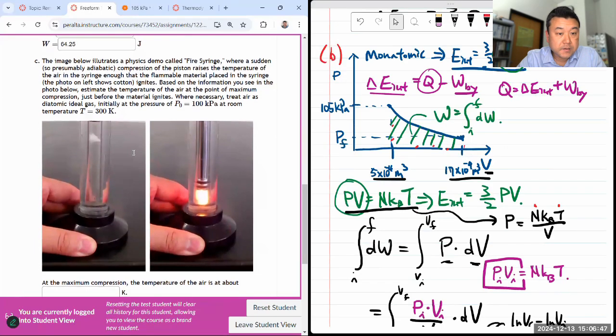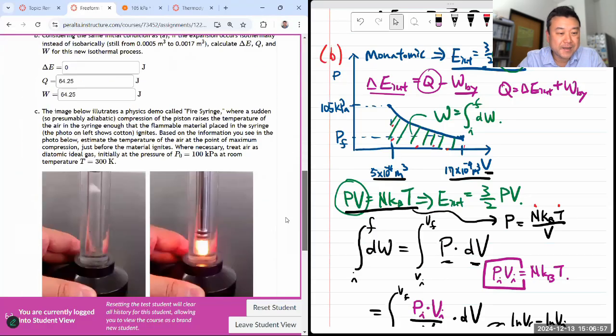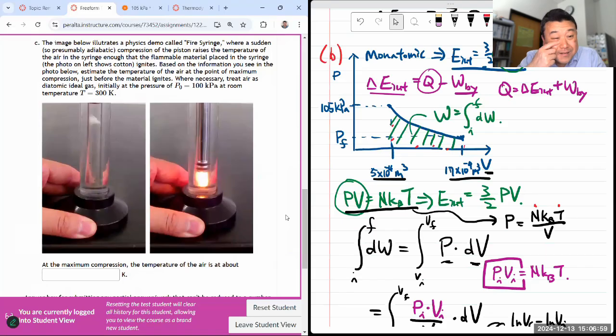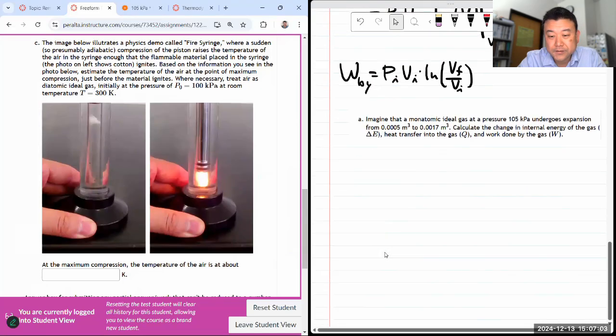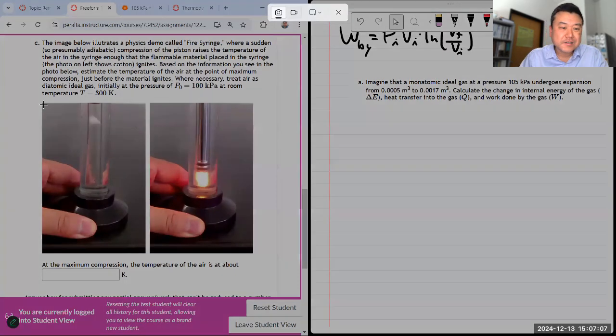Finally, a physics demo called the fire syringe, which I love. Based on the information you see in the photo. How much time do I have? 9 minutes. All right, I guess that's enough. So I've got to know the compression factor. Let's do this. You can just eyeball it.